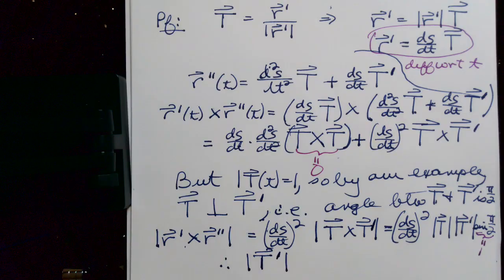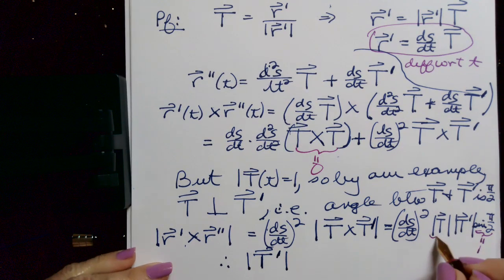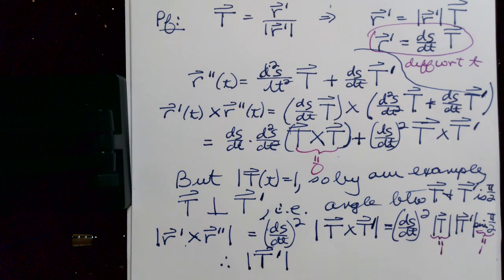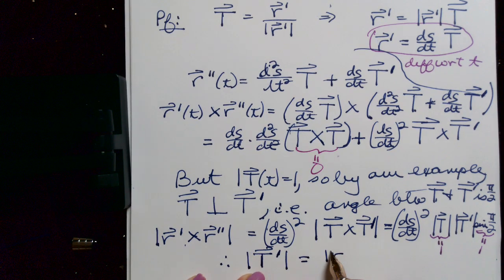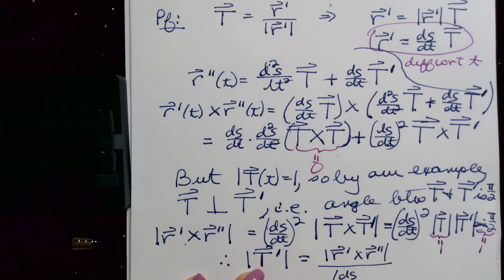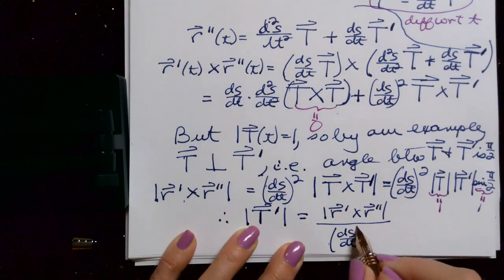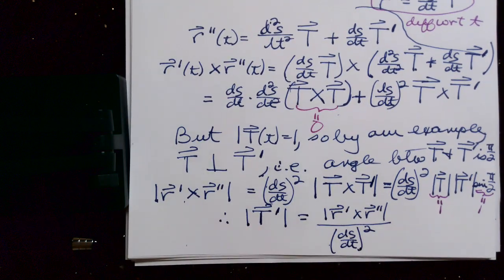So the length of capital T prime, because another thing we know is that the length of T is 1, since T is a unit tangent vector, is equal to the length of r prime cross r double prime divided by (ds/dt) squared.